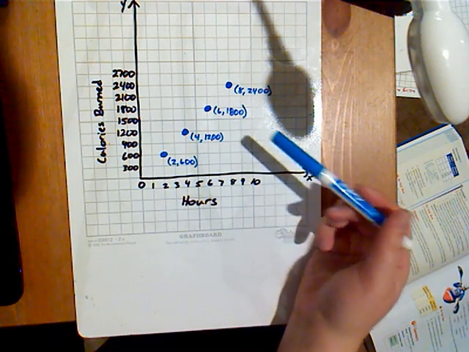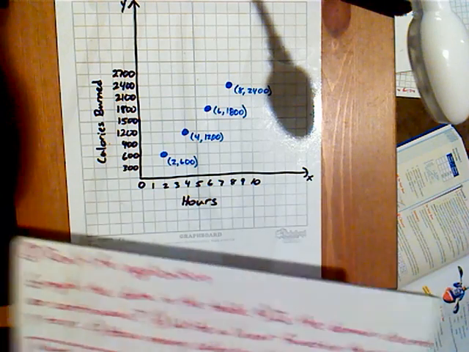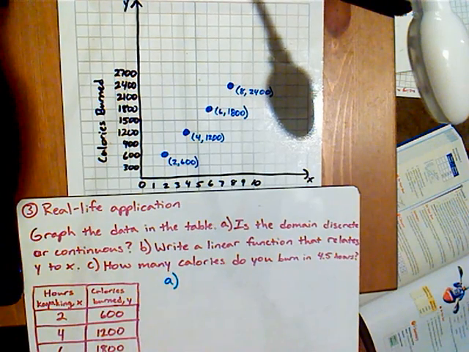So letter A first wants us to find out, is the domain discrete or continuous? So we've plotted the points, and because time can represent any value greater than or equal to 0, it is going to make our domain continuous.